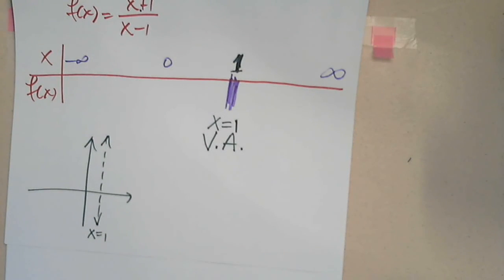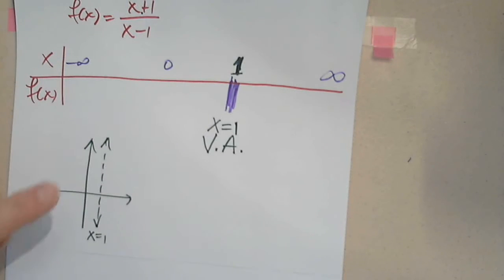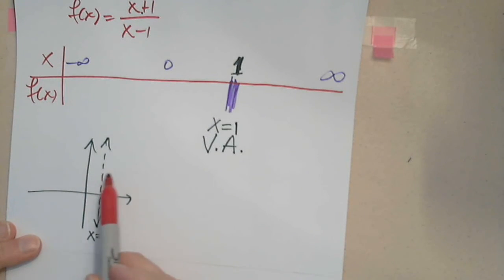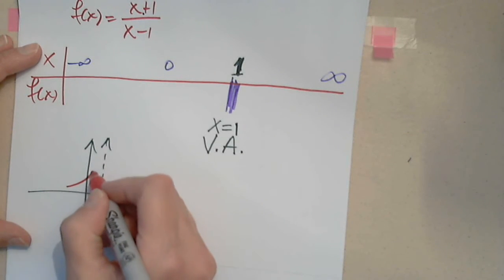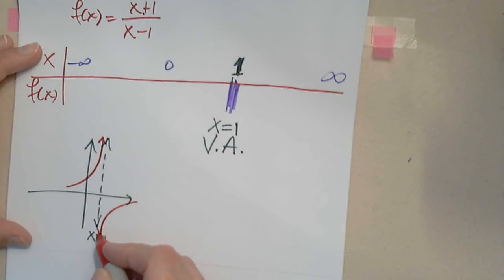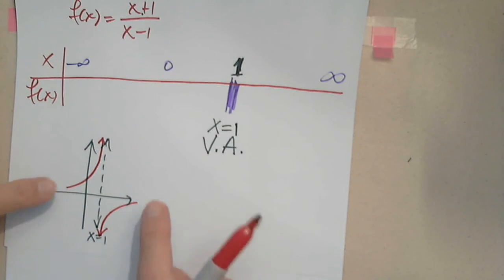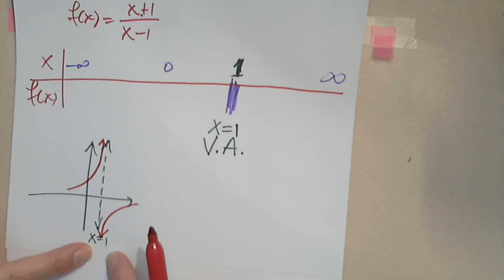Why is it? Because this function is undefined at this point, the function cannot cross this line anywhere. What can it do? It can do this on one side and this on the other. It can do both on the positive. It can do both on the negative.